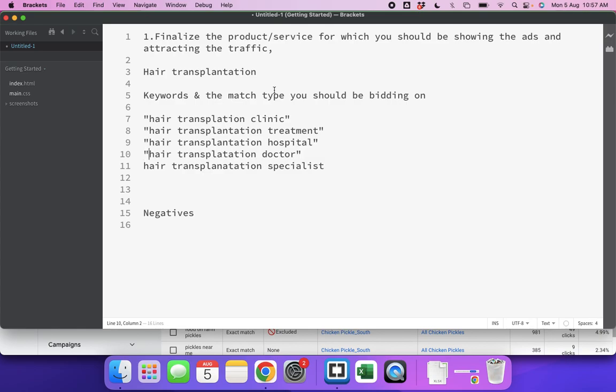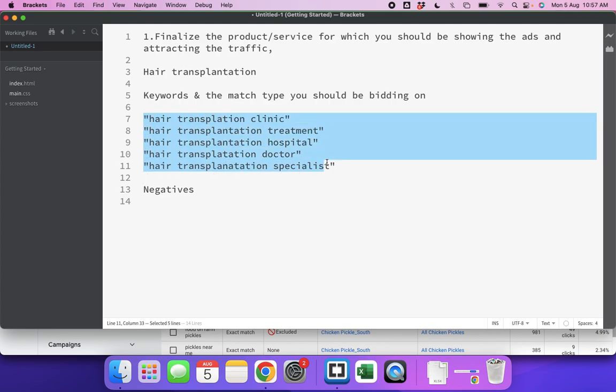Even if you want to bid exact match, add all of them in the exacts and also in the phrase match. Better add it in the phrase match. Now it takes as a competition. Okay. So now these are your keywords. Correct. Meanwhile, you have to also consider adding negatives.